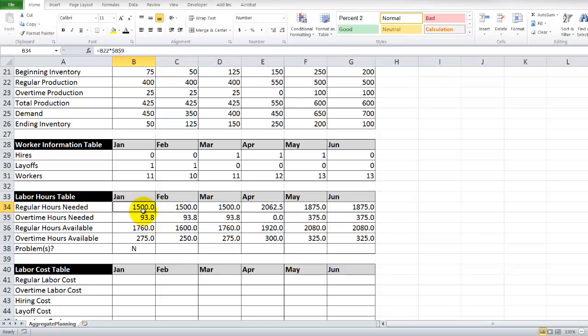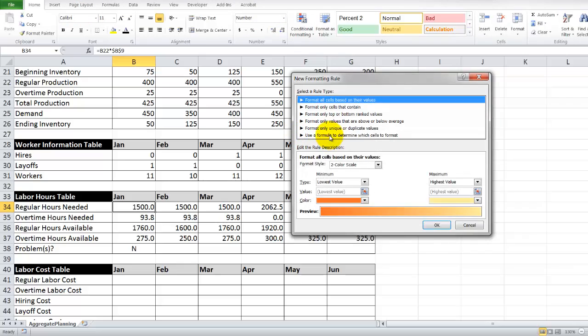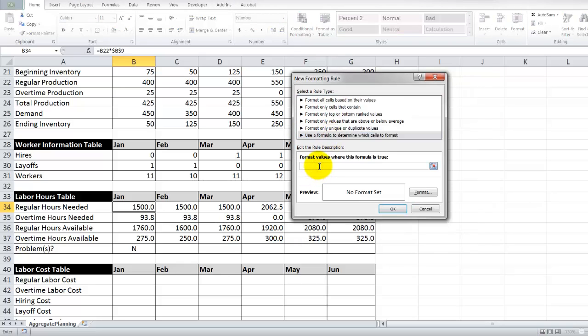So I'm going to start with this 1,500 and I'm going to go to conditional format, new rule, formula, and basically say the same thing that we wrote in the formula here. If needed is greater than available, I'm going to report this as a red fill.